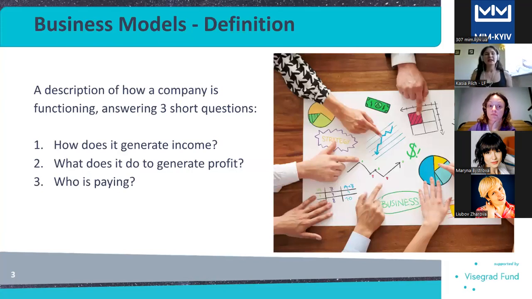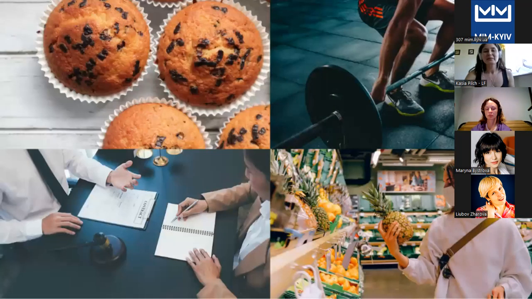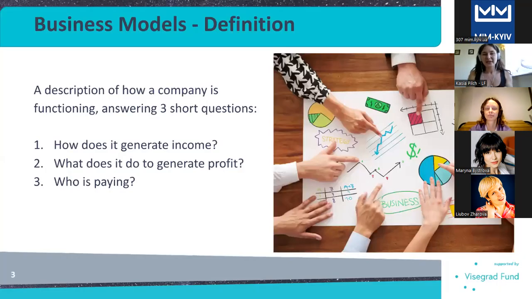I'm going to show you some pictures representing four of the most popular business models. And I would like to ask you these three questions about each of them: how does it generate profit, what does it do, and who is paying for it.